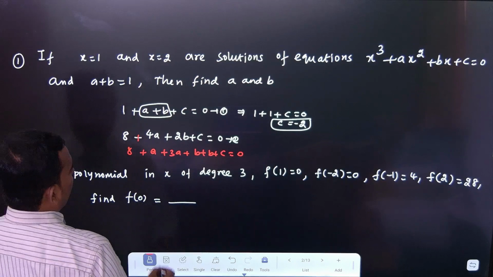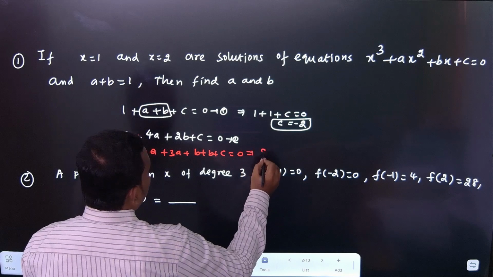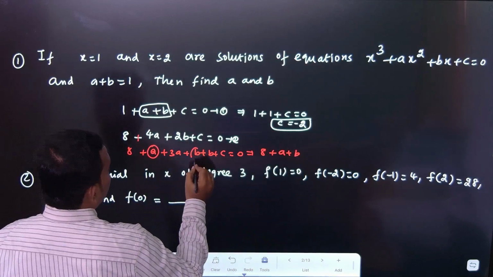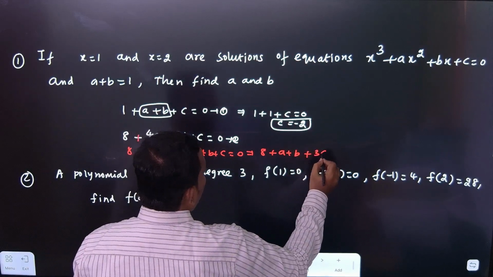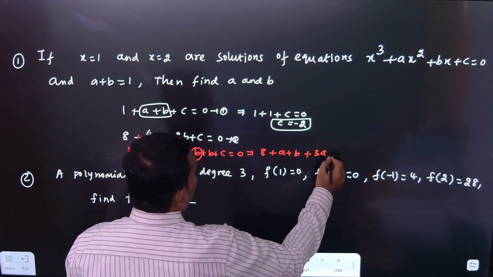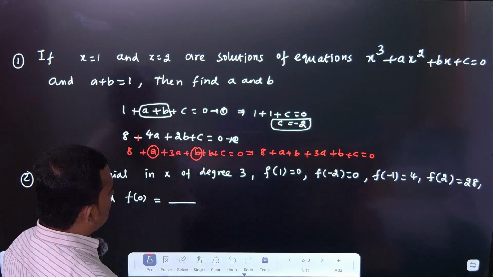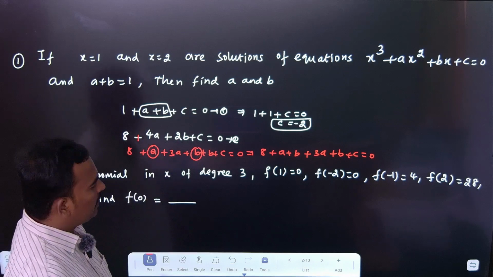Now we know that a plus b is equal to 1, so we can apply it here. Then how to write? 8 plus a plus b, this term I am combining, a plus b, plus 3a plus b plus c is equal to 0, right? Got it? I hope everyone understands.